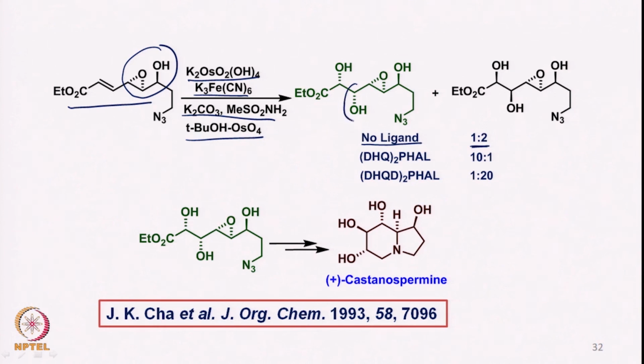That means this cis diol and this particular diol are both formed in 1:2 if there is no ligand. If we use DHQ phthalazine as this particular reagent system, then we get 10:1 ratio, and if we use DHQD PHAL, then of course we get 1:20 ratio of these two diols.